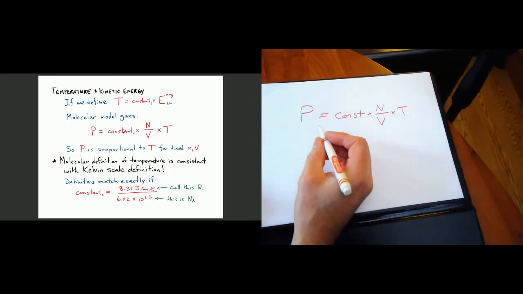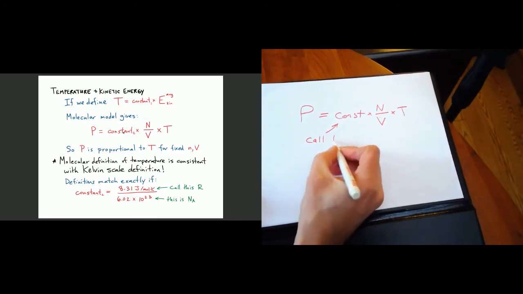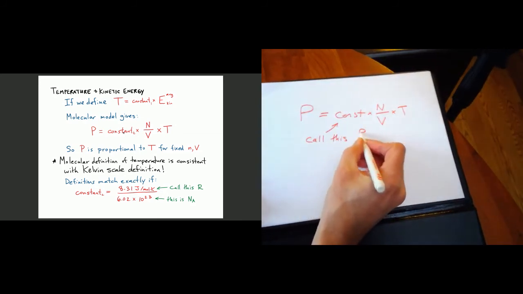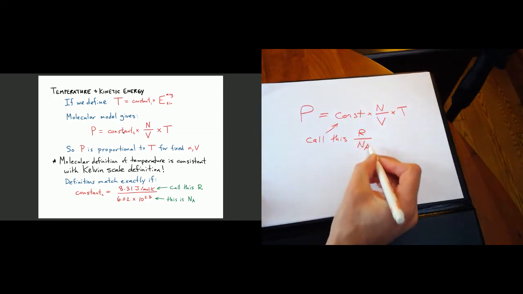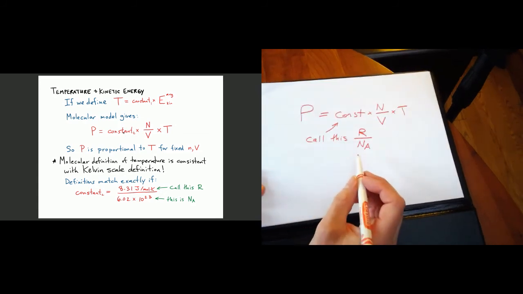And now I'm telling you that we're just going to call this constant R divided by Avogadro's number. Okay, and then we could just go out and measure what R is, and it turns out to be 8.31 joules per mole per Kelvin.